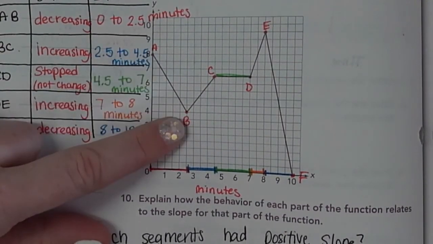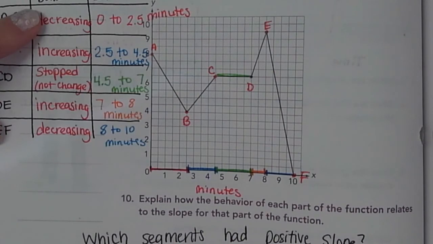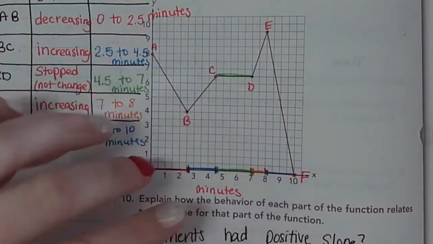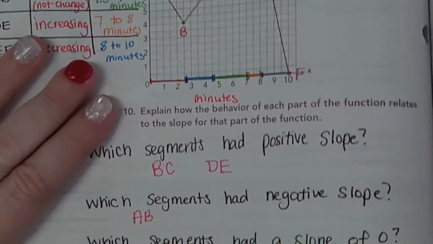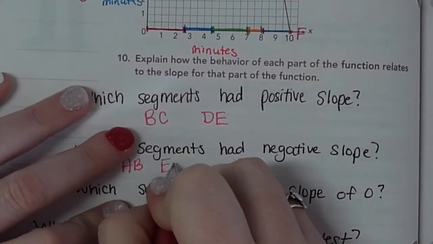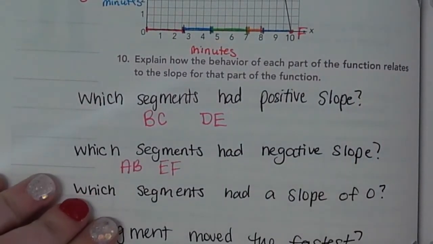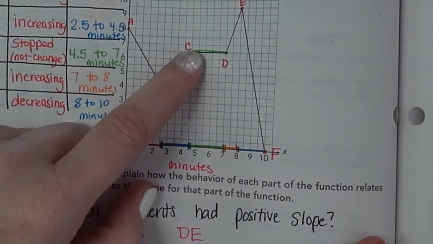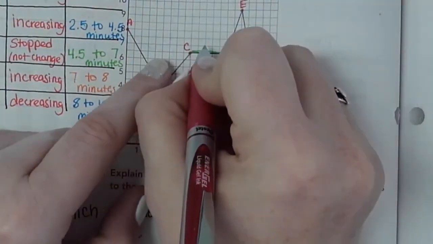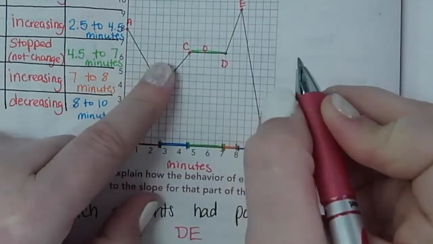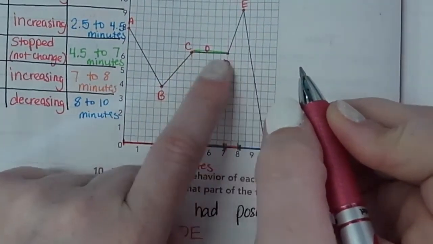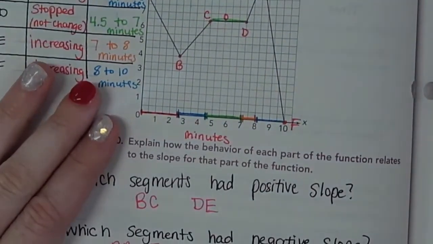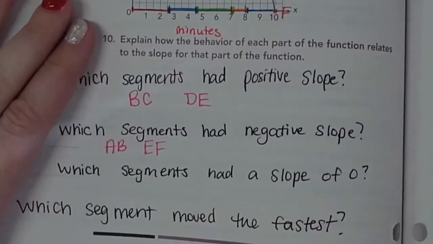So AB goes down or decreases, and EF also decreases. Okay, a slope of 0, meaning it's not changing. Think about it, a zero slope is when it's straight across like that. So that would just be part CD.